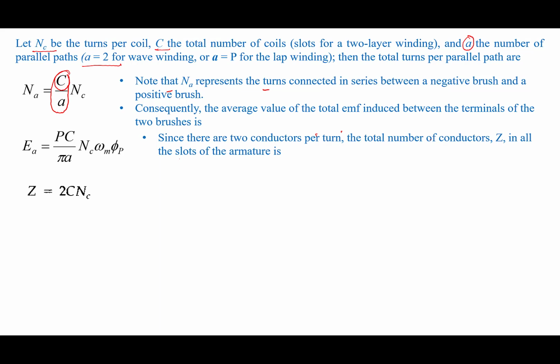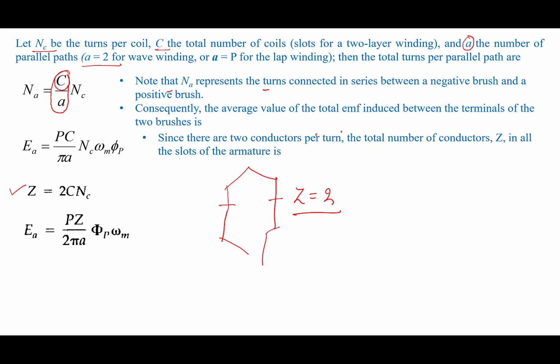One turn has two sides of coil, as I have shown you, so Z equals 2 for each turn. And there are Nc turns per coil and C coils. Therefore the number of conductors will be 2 Nc into C, because C is the number of coils, right?